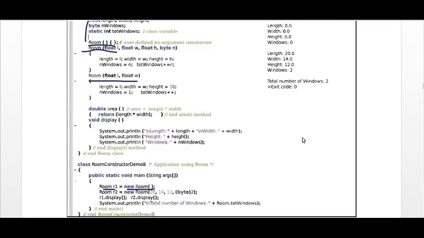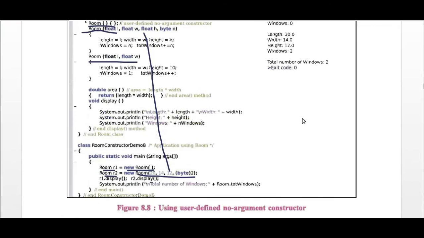Same way you can see room R2, a reference variable created from the room class, and you can see here four values initialized, and the second constructor provides its initial values. Now display it, r1 dot display. So r1 has the default constructor values.